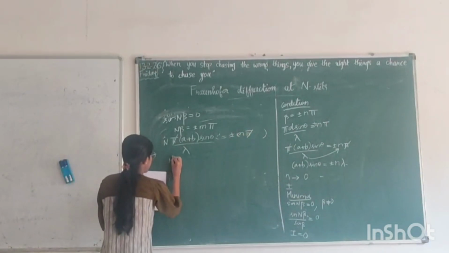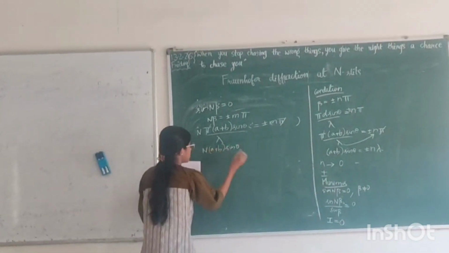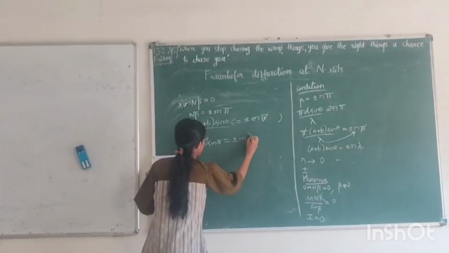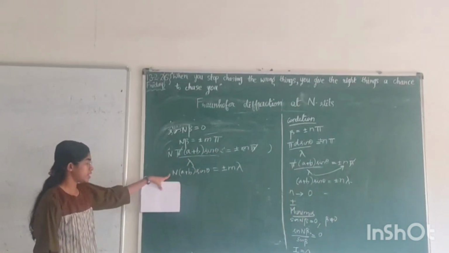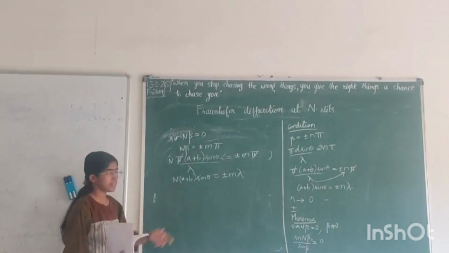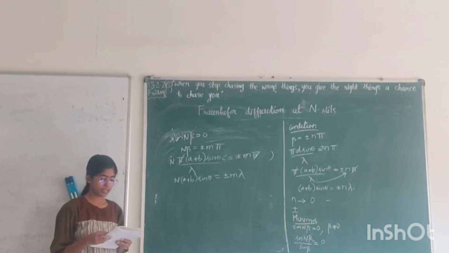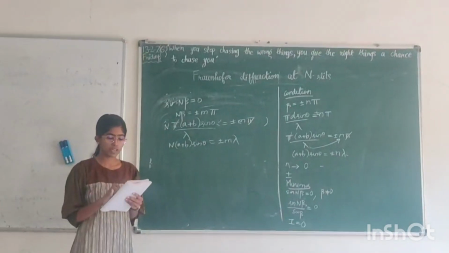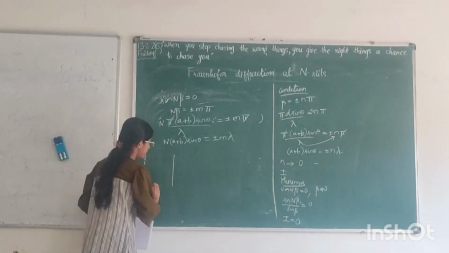So n (a plus b) sin theta is equal to plus or minus m lambda. So this is the equation for minima, and this m can take all integral values except 0, n, 2n, etc., up to n squared. This is the graph.